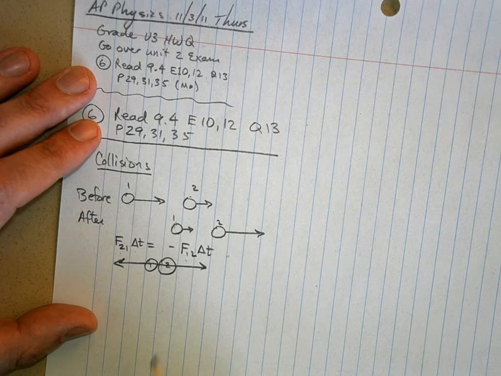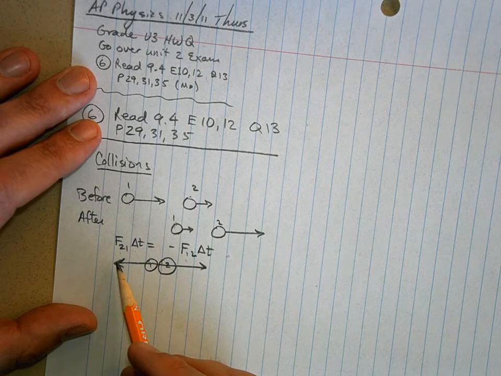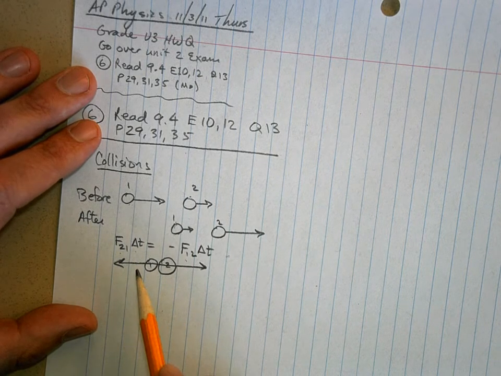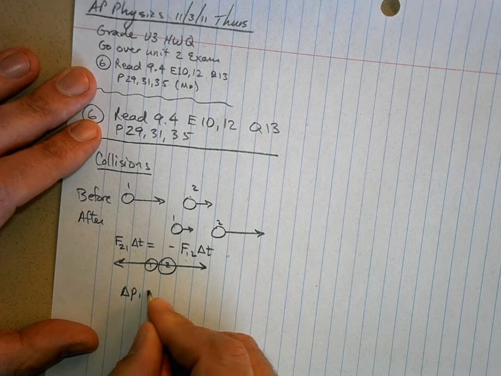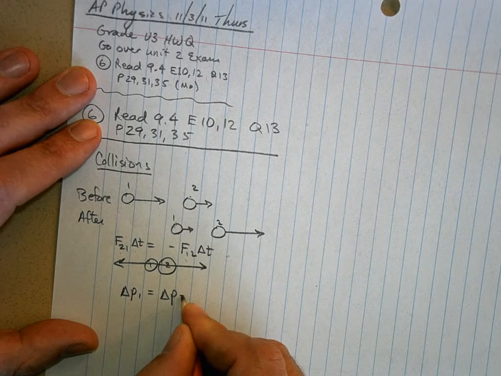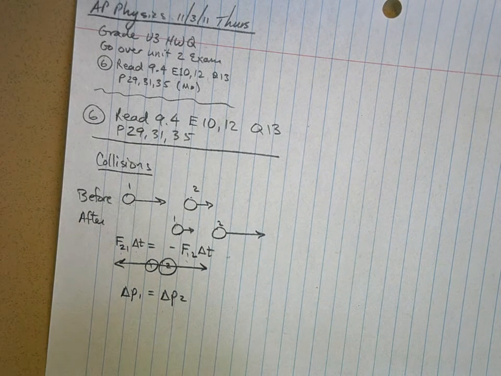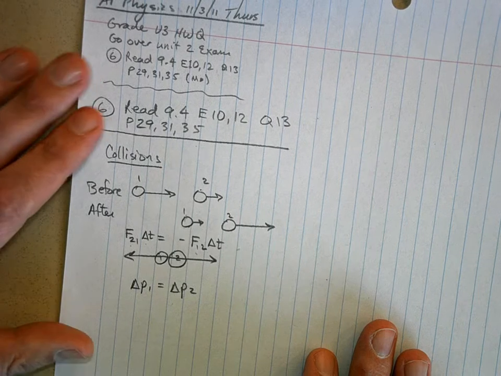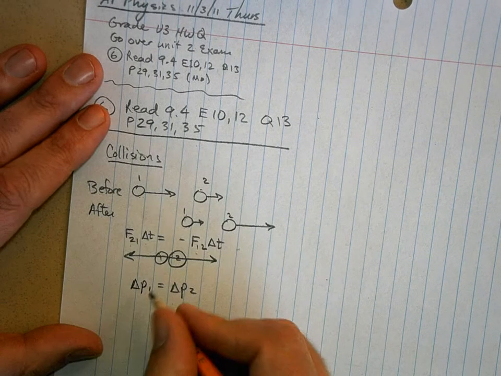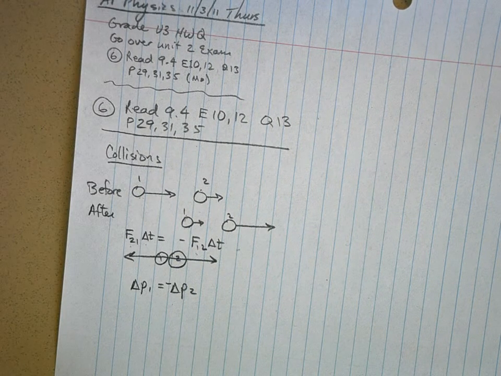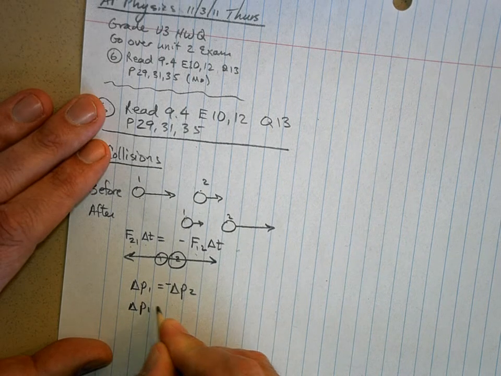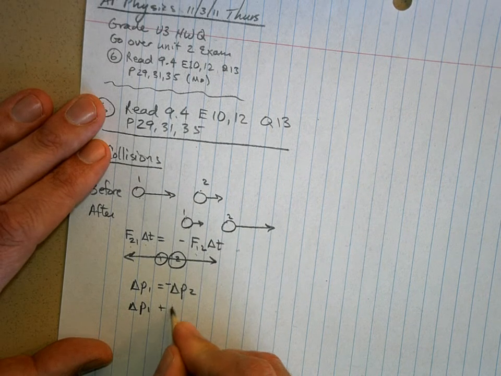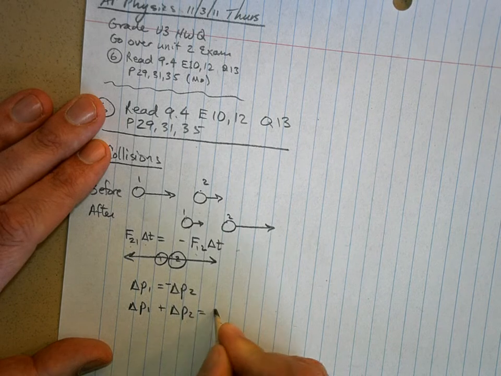So the duration of time where this force is applied is equal to the duration of time where this force is applied. And therefore, using the impulse-momentum theorem, we know that if you apply a force for a period of time, that product is equal to the total change in momentum of the object. So the change in momentum of object 1 equals the change in momentum of object 2, but in the opposite direction. I lost a negative sign there, which means that the change in momentum of object 1 plus the change in momentum of object 2 is equal to 0.